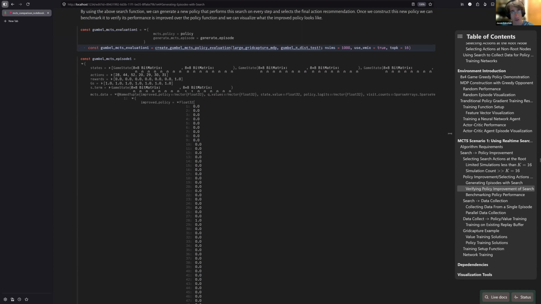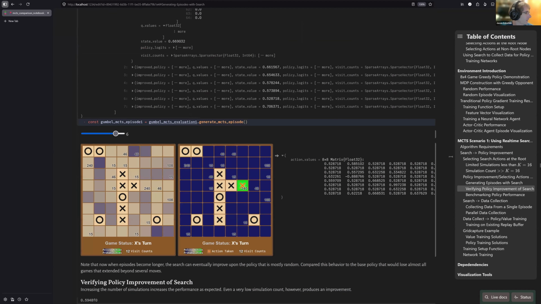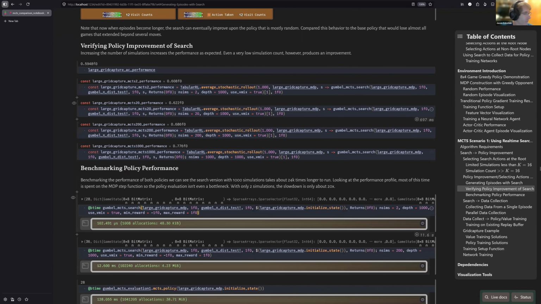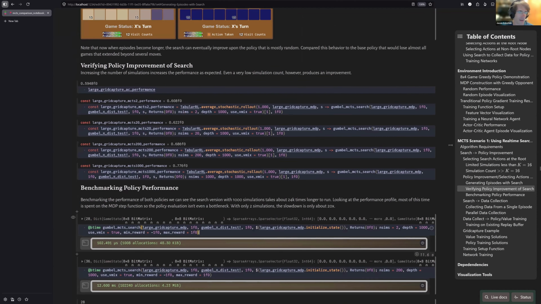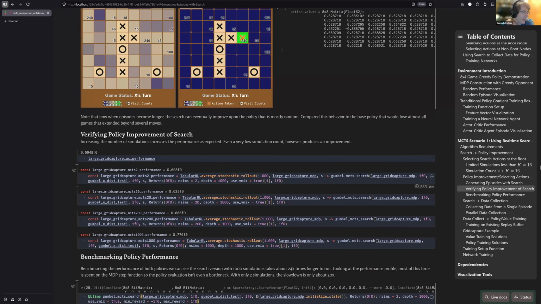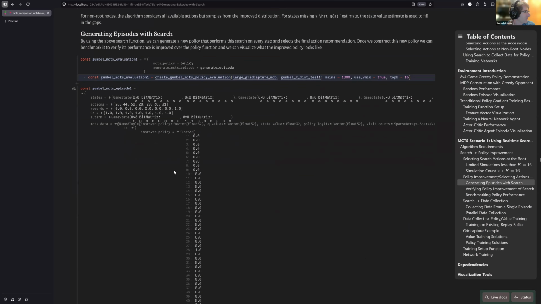We can improve the policy itself ahead of time and embed that in the parameters, and then when we deploy it, we can also improve it in real time. And the next step of all this: I've shown how we can generate these episodes with MCTS search, and we can collect these statistics about the search tree.